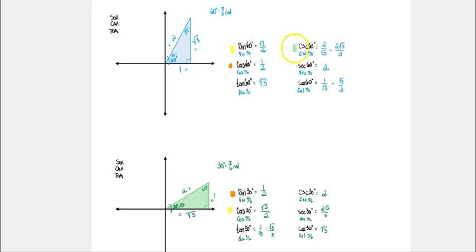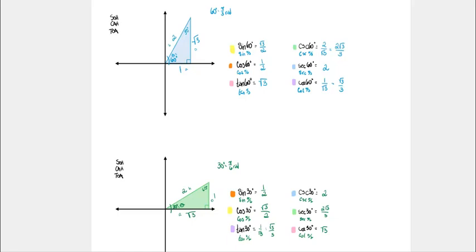Same is true for the secant of 60 and the cosecant of 30, and the tangent of 60 and the cotangent of 30, and the cotangent of 60 and the tangent of 30. Do you notice how all of these are equivalent?